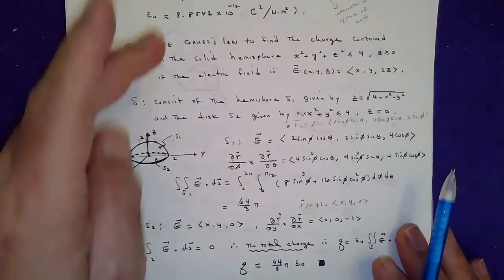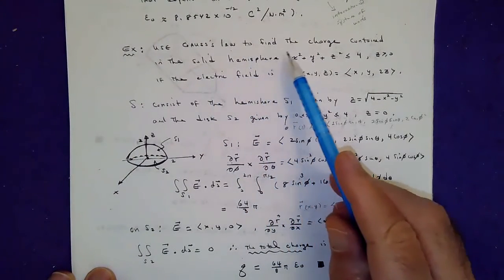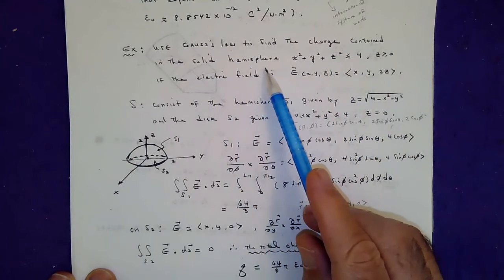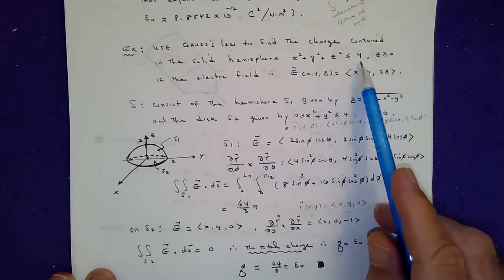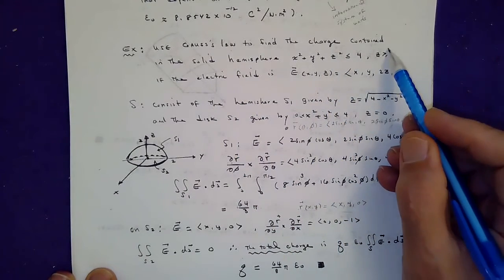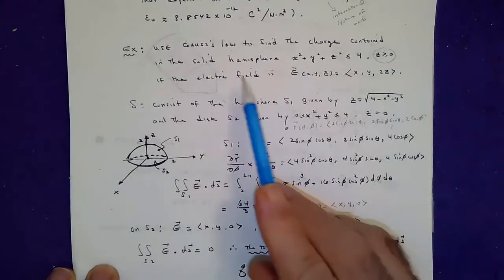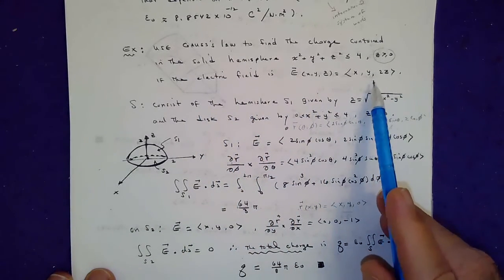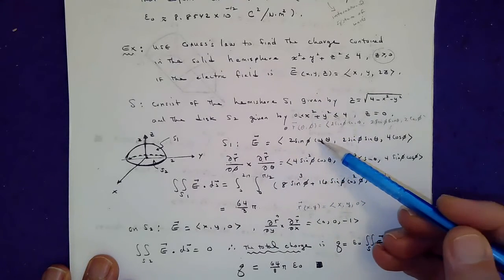So the next item is an example relative to Gauss's law. It says use Gauss's law to find the electric charge contained in the solid hemisphere x squared plus y squared plus z squared less than or equal to 4, but z is greater than 0. So that means we want the upper half of the sphere. If the electric field is this, first you have to parameterize the sphere.